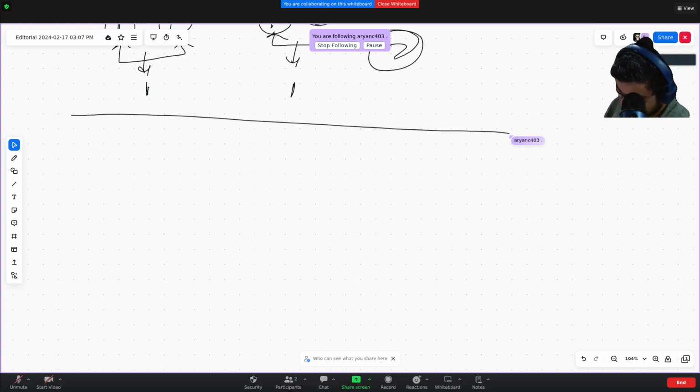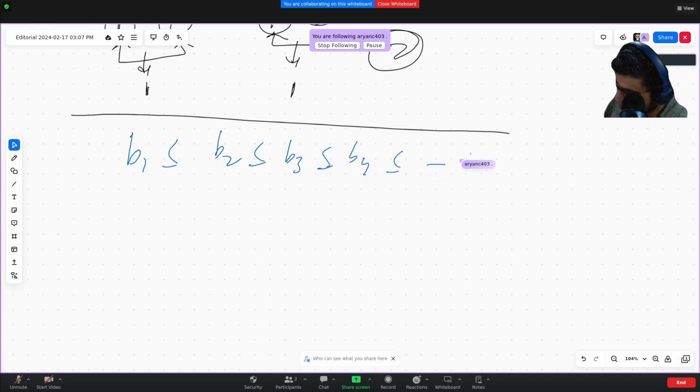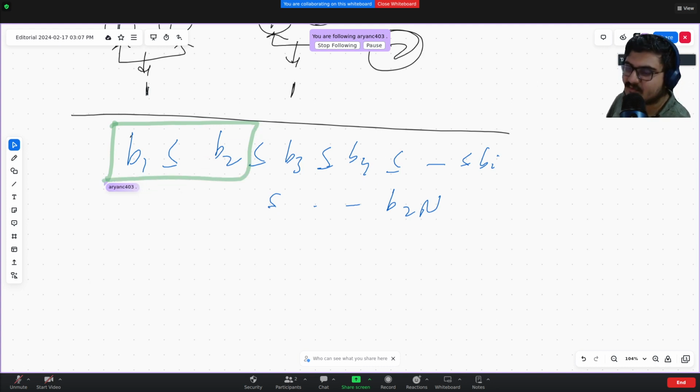Let's say the sorted order of numbers is b1, b2, b3, b4, up to b2n. My claim is that in the optimal answer, b1 should always be paired with b2. The way to see this is to choose some other pairing and then try to prove that if we make b1 and b2 a pair, we would get a better result.